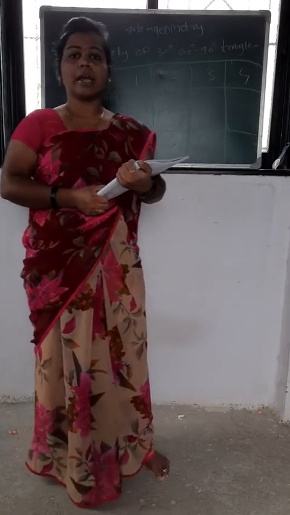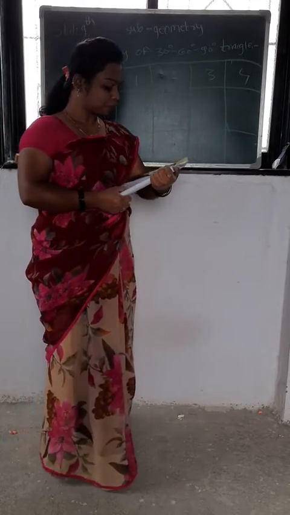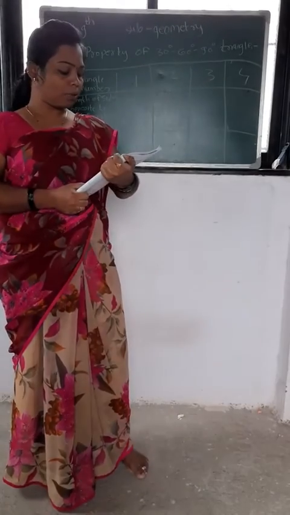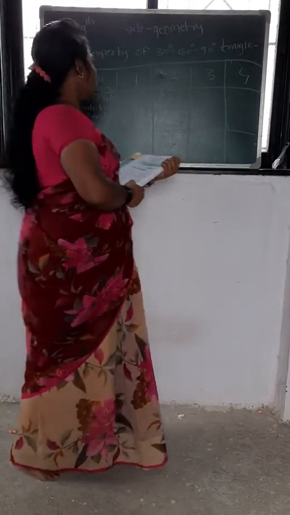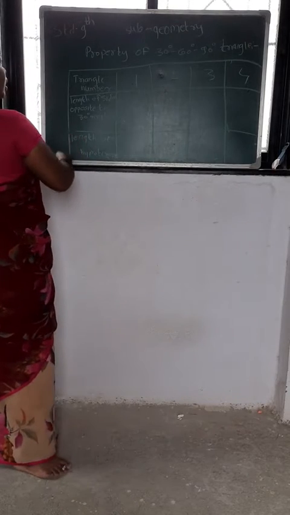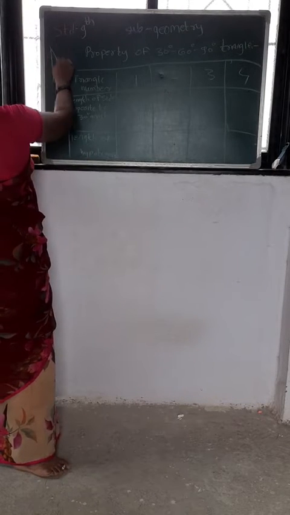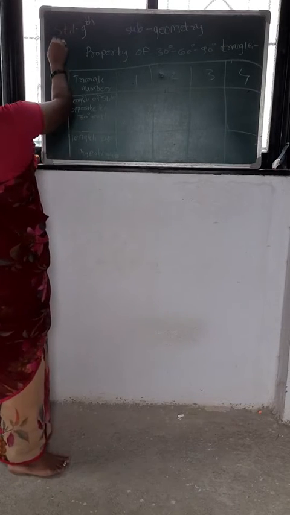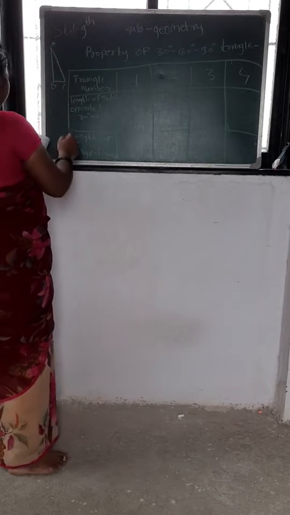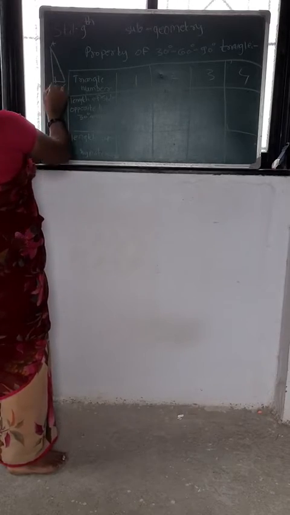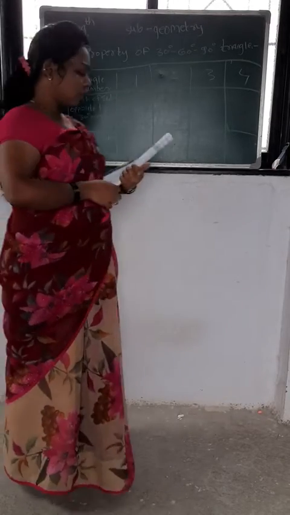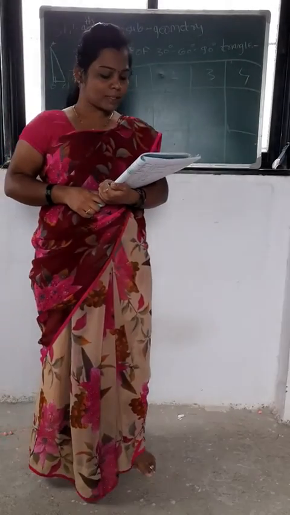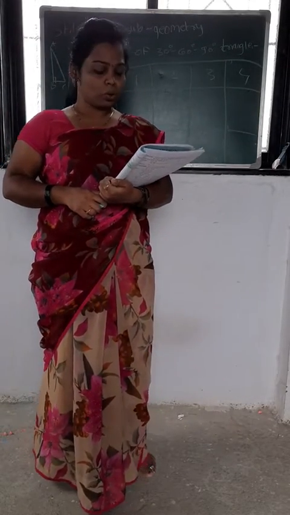We have given the activity. Activity first is: every student in the group should draw one right angle triangle ABC, with one of the angles measuring 30°. The choice of lengths of sides should be their own.